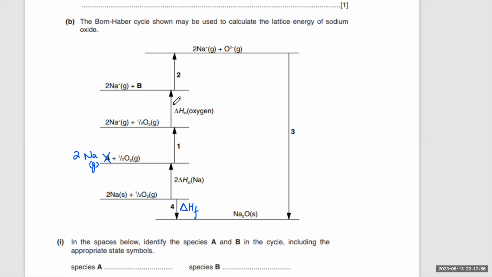There's half O2 gas, there's still half O2 gas. It's got nothing to do with oxygen because nothing happened to oxygen. So what does this arrow represent? Sodium was ionized. Because that's the first ionization energy of Na, and times 2 because there are 2 sodiums, right?